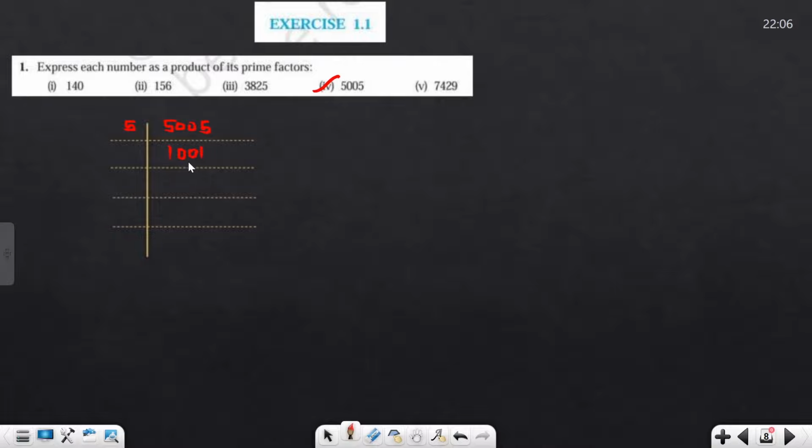How do we check for 7? Multiply the unit digit by 2 and subtract it from the remaining number. Unit digit 1 multiplied by 2 is 2, and 100 minus 2 is 98, which is divided by 7 exactly, so the number is divided by 7. 7 1 is 7, 3 30, 7 4 is 28, 2 7 3 is.